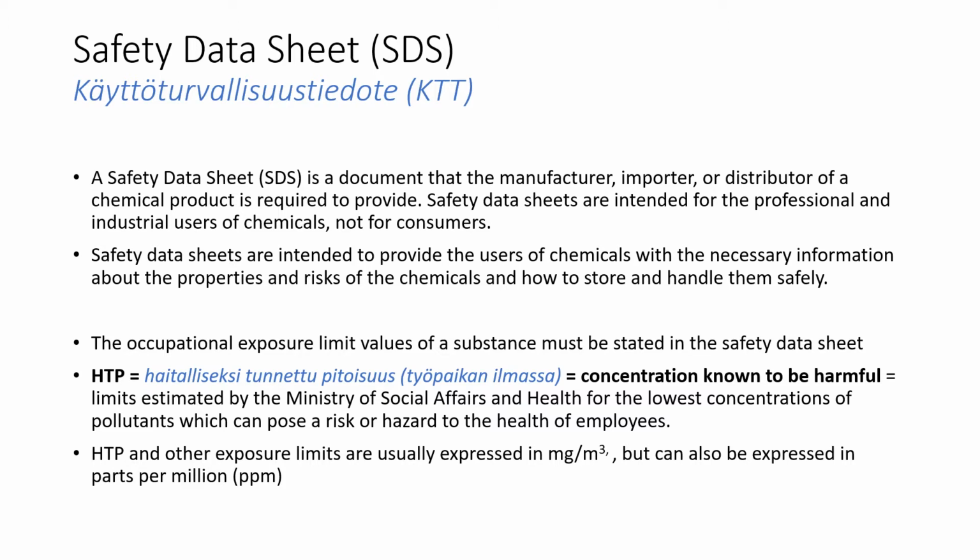Safety data sheets are intended both for those responsible for safety and for all the workers who handle the chemicals, so that they are familiar with the chemical risks at their workplace and can prepare on how to use and store the chemical appropriately.